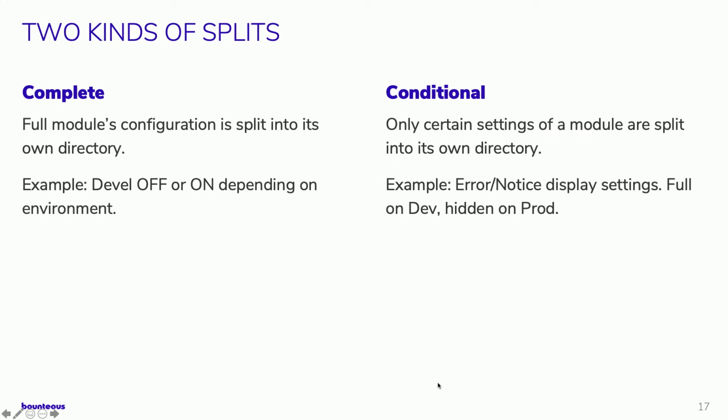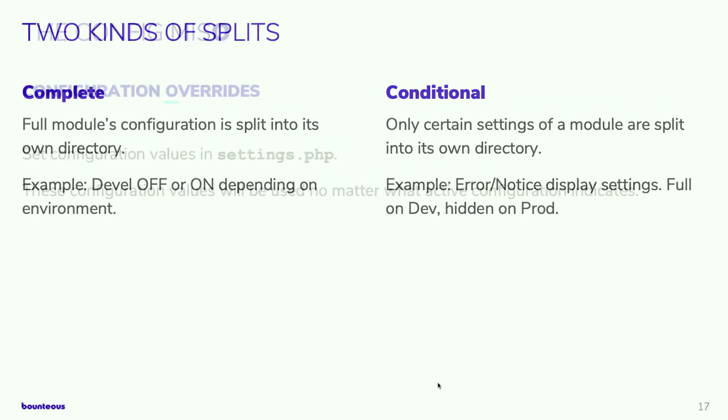On production, I want caching set to 30 days. So you can set those very conditionally for those environments. Because those aren't a module you can turn off and on. Those are just very specific settings that you can have different settings for depending on the environment.